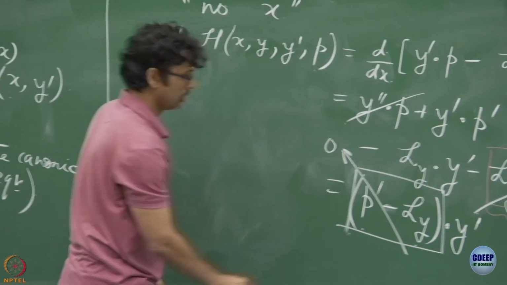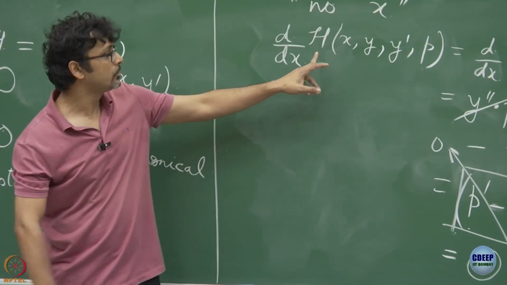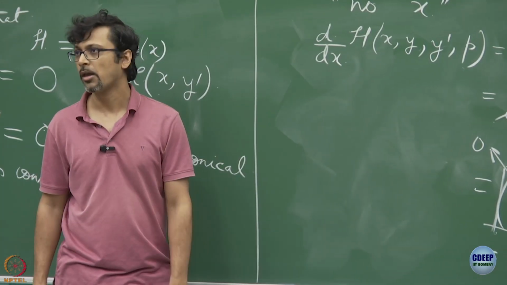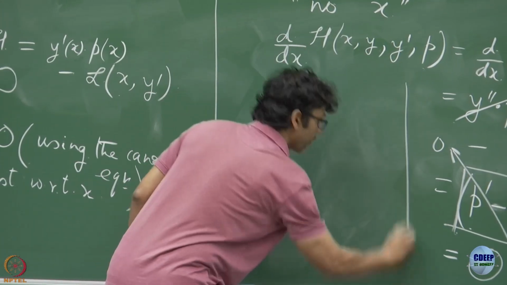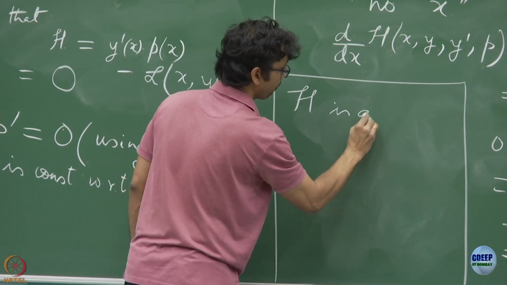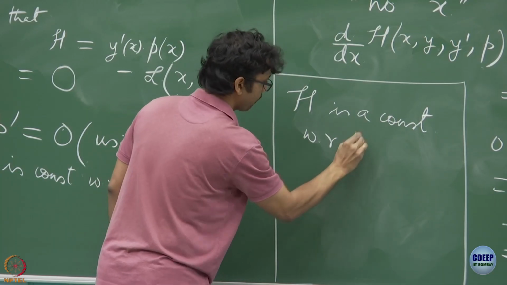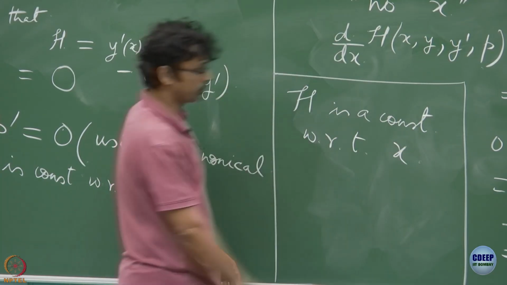In other words, the derivative of the Hamiltonian with respect to x is 0, implying that H is constant with respect to x.